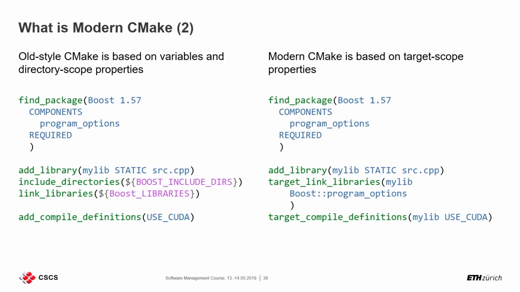And when we link against boost program options, we directly get the include directories from boost, and we get the libraries from boost and all of that. And the use CUDA, which we had already before, there in the bottom, this is also specific to a target, so we are using target compile definitions and not add compile definitions, and we directly bind this option to mylib.